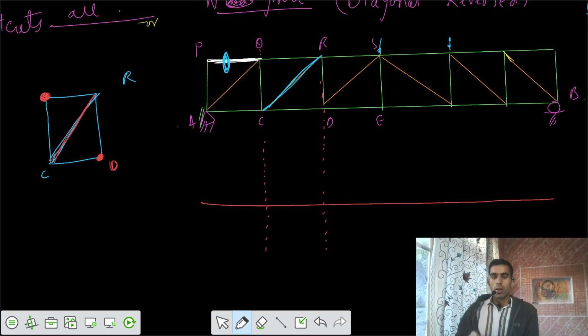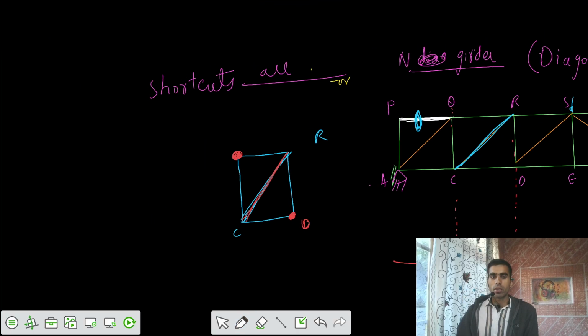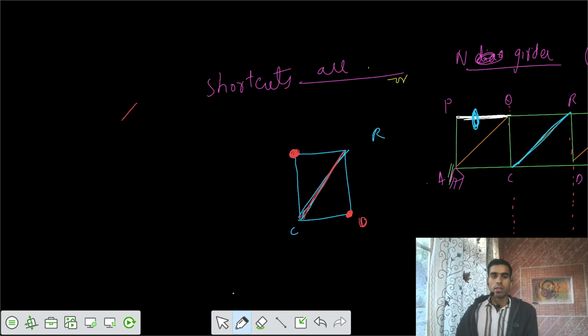Now, our previous short trick says that if your member is a diagonal member, then you orient that same member at the starting point, such that in the same fashion you would have the starting ILD. So for this case, if your member RC was in this way, your starting would have been in this way.